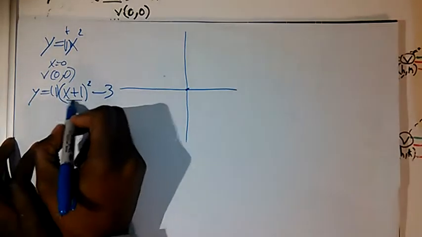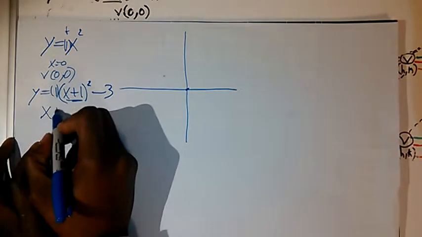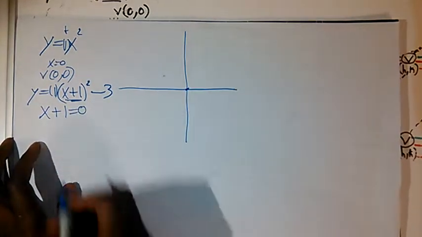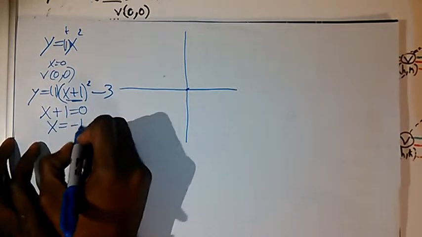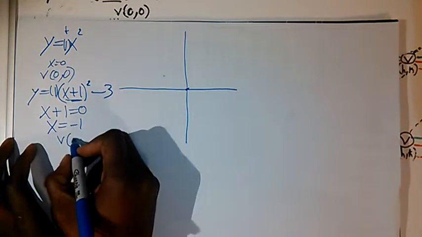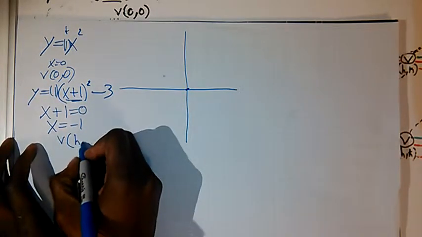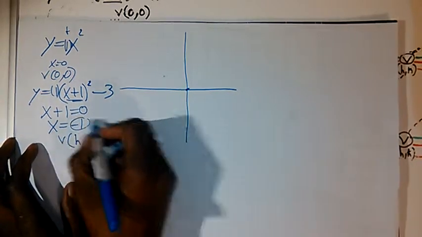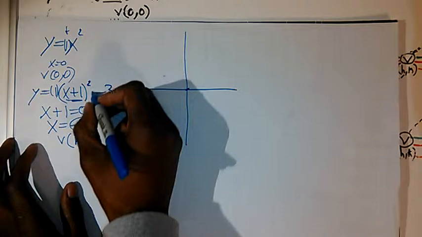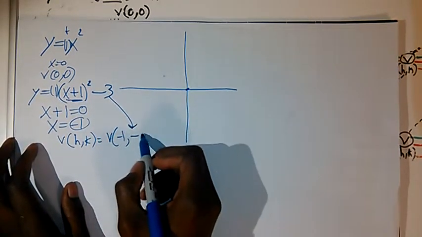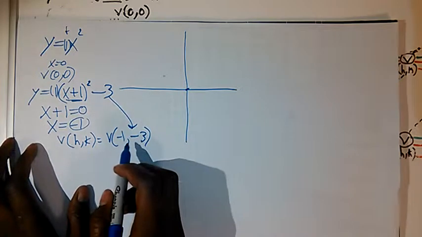Remember, we're going to take out x plus 1, the argument inside it, set it equal to 0, solve for x. x will be equal to negative 1. That's going to be our h. Our h is negative 1. Our k, negative 3, is not connected to anything, so just pull it down. Negative 3. That's where we're going to start.